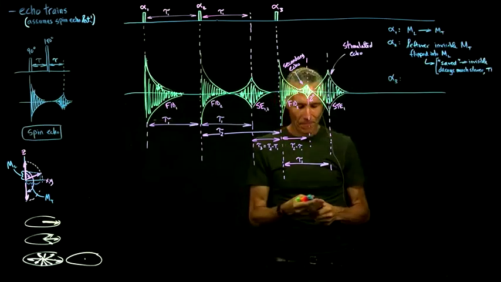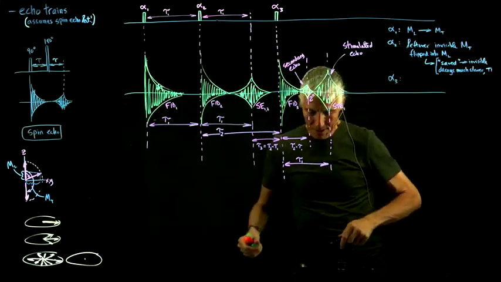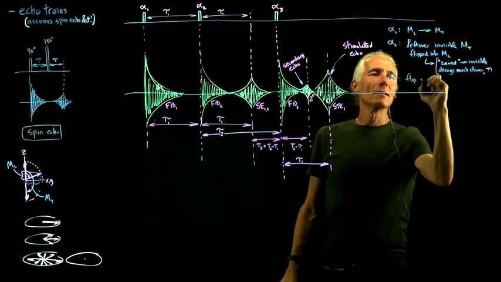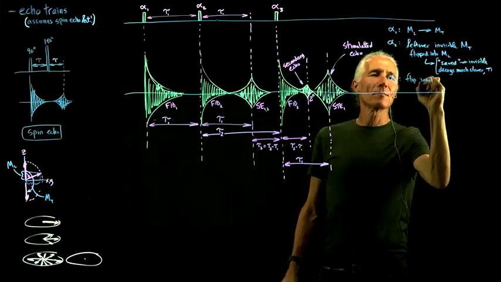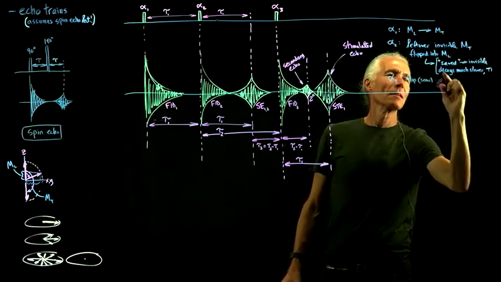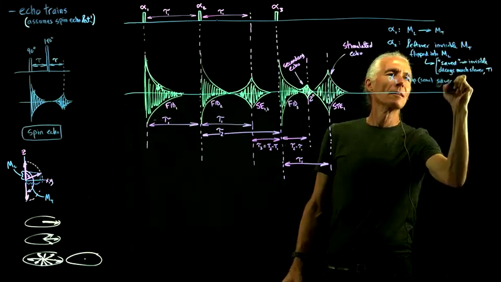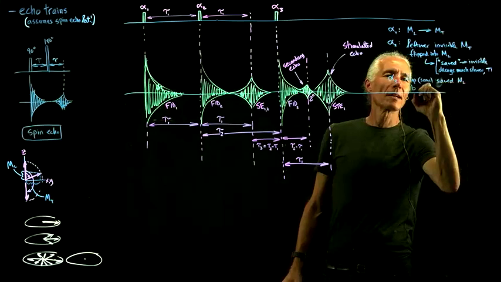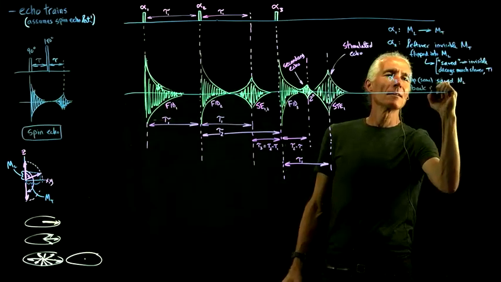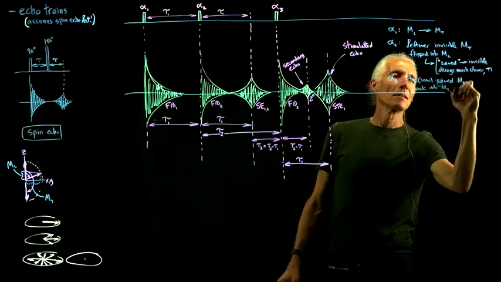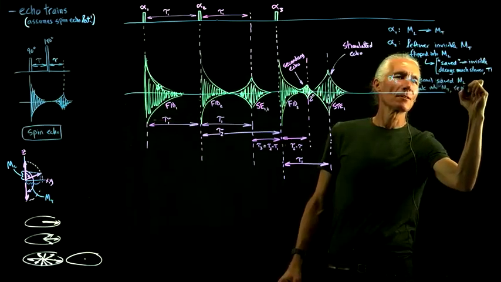Okay, so this is the third pulse: depending on what the flip angle is, it flips some saved longitudinal magnetization back into transverse, and then rephasing occurs.